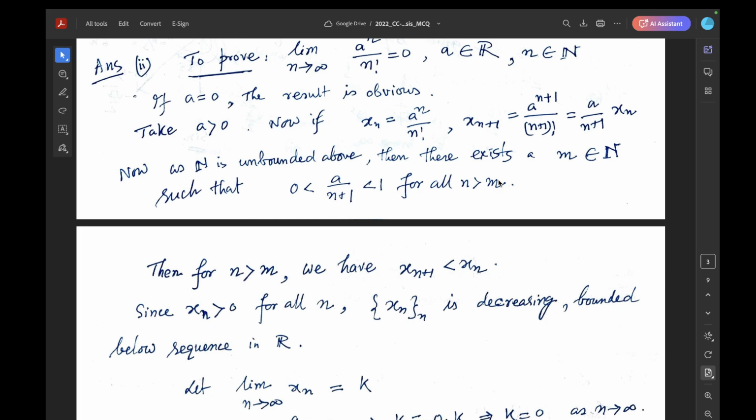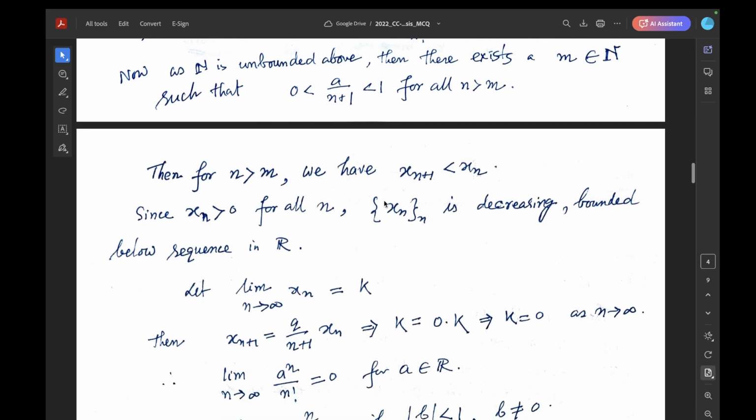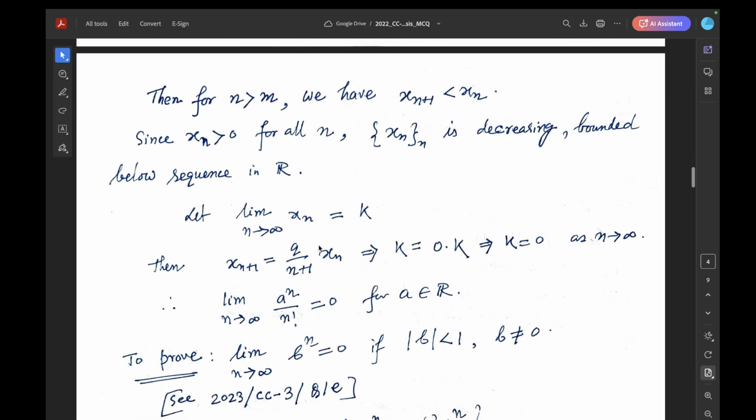M is a fixed natural number. Then for n greater than m, we have xn plus 1 less than xn. Since xn is greater than 0 for all n, the sequence xn is decreasing and bounded below in R. Let the limit of xn equal k.